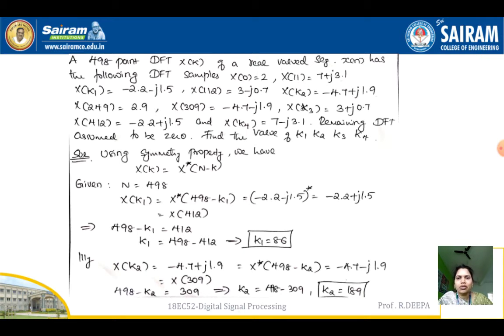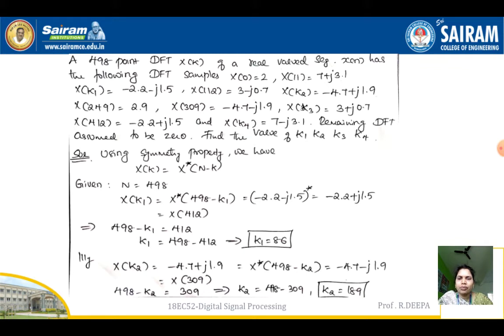So few values of X of k are given, and the remaining DFT values are to be assumed to be 0. So in a 498-point DFT, only we are having the values which is listed here, remaining values are 0. You need to calculate the value of k1, k2, k3 and k4.